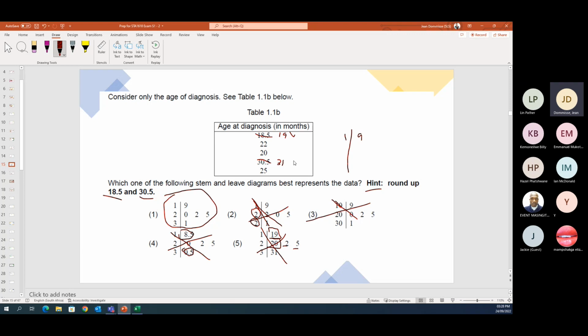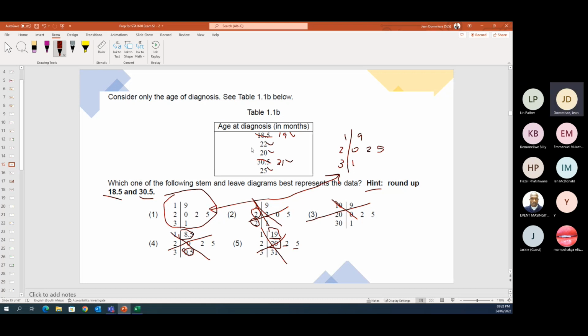The biggest number was 31. And then we have a few numbers in between. It was 20, 22, and 25. Okay, so which is that one.